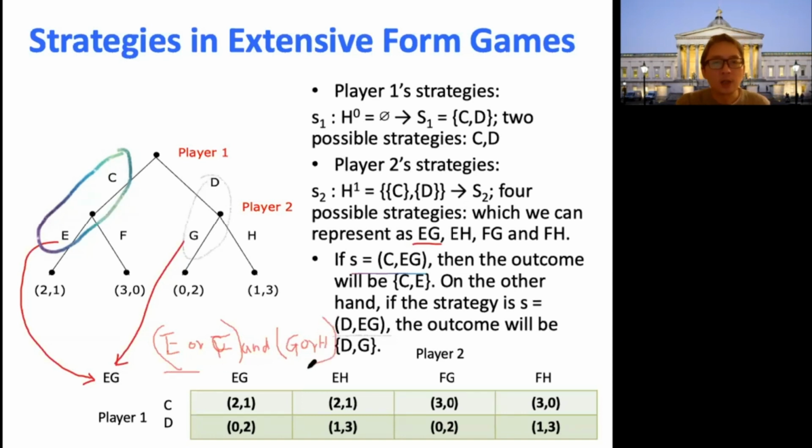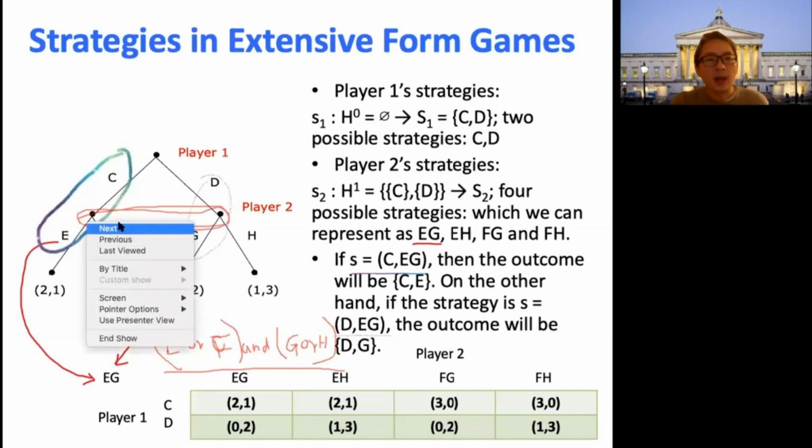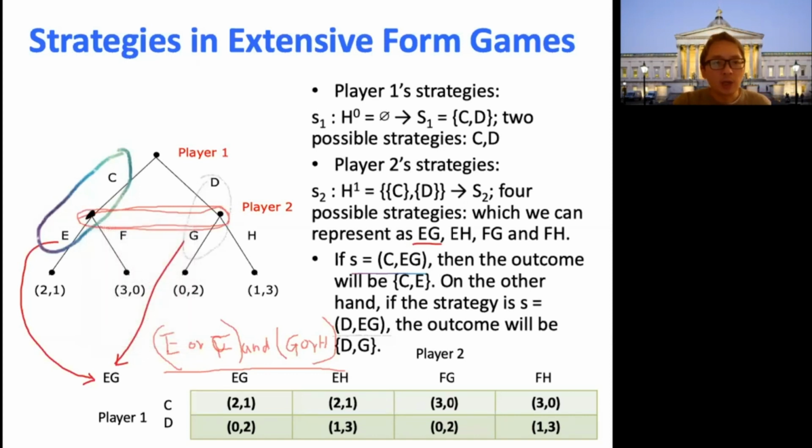Would that make sense? Because you try to describe the structure when agent 2 is in here now, right? And what they can take is basically either EF, right?